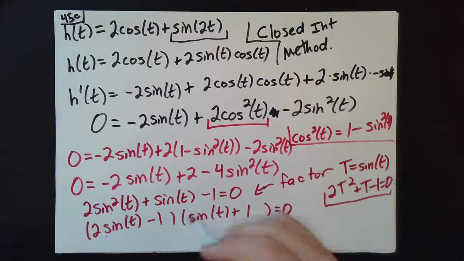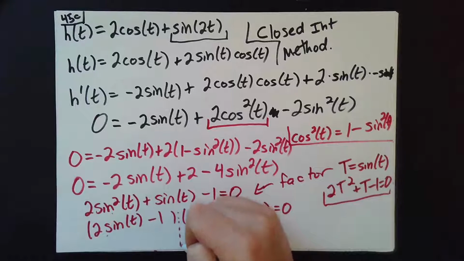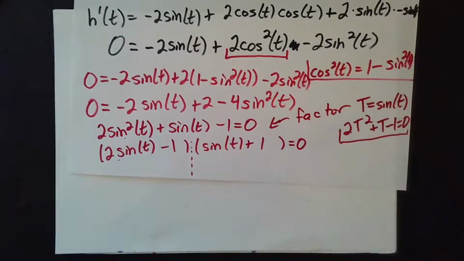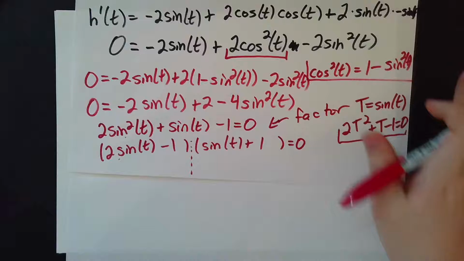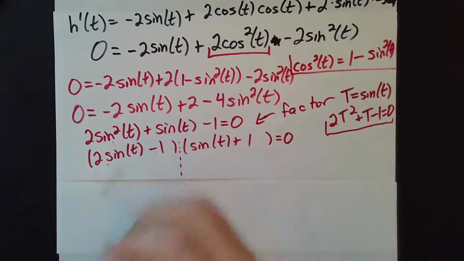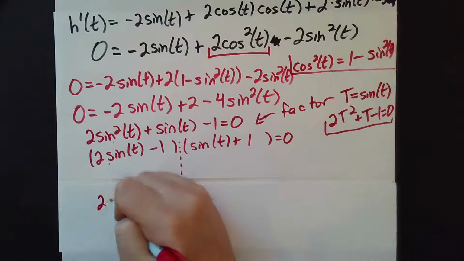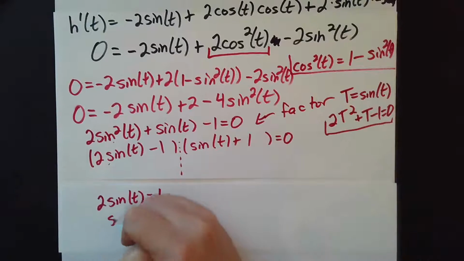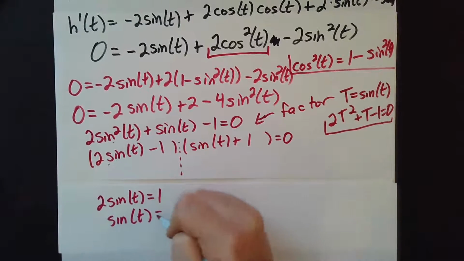Okay, so let's go ahead and solve each of these pieces being equal to 0. So the first piece is 0 when 2 sine of t is 1, so when sine of t is a half.